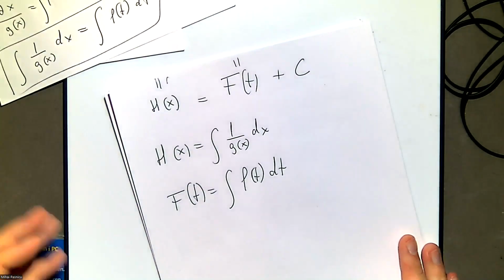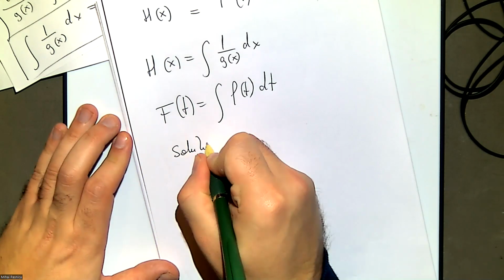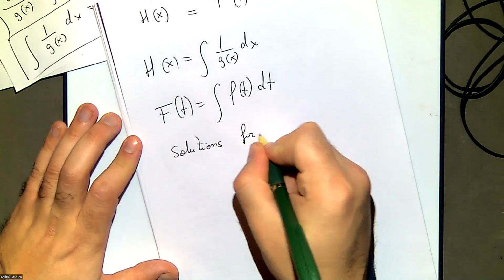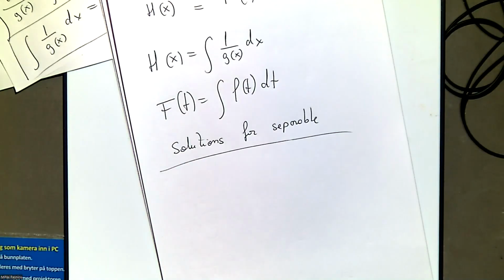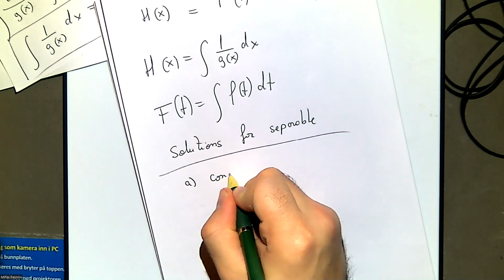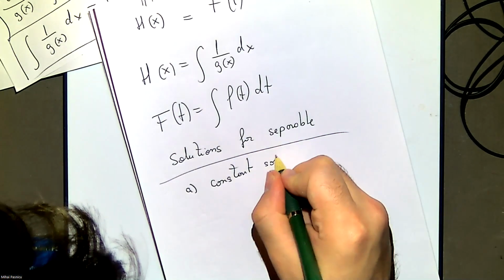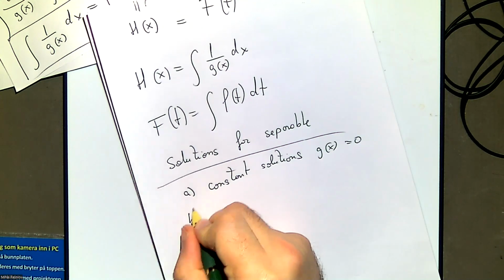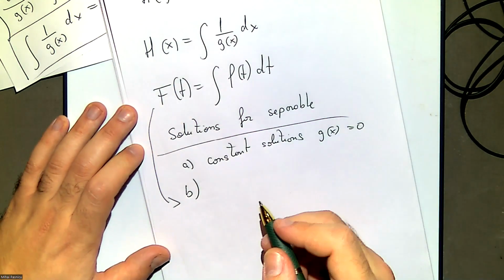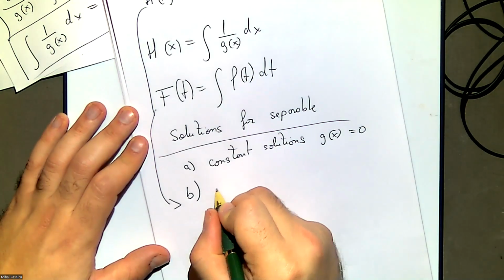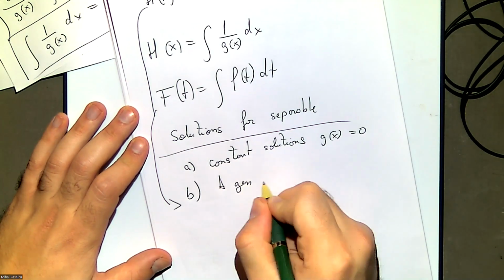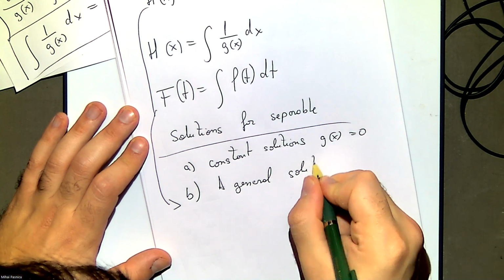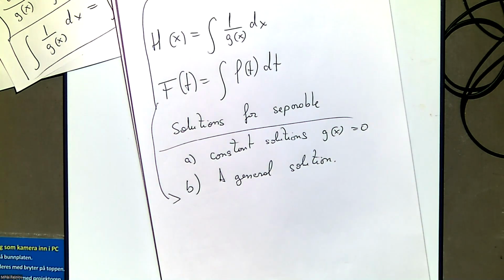Now, when you're presenting the solutions for a separable equation, you first have the constant solutions. They are a solution as well, so don't get it wrong. And then this one from here is going to give you a general solution. That's kind of how it goes.